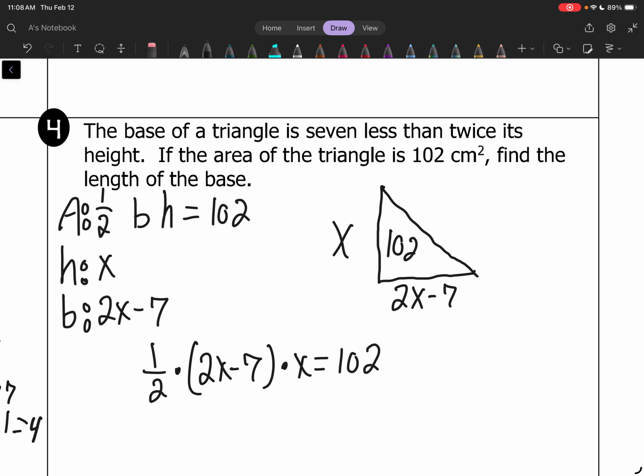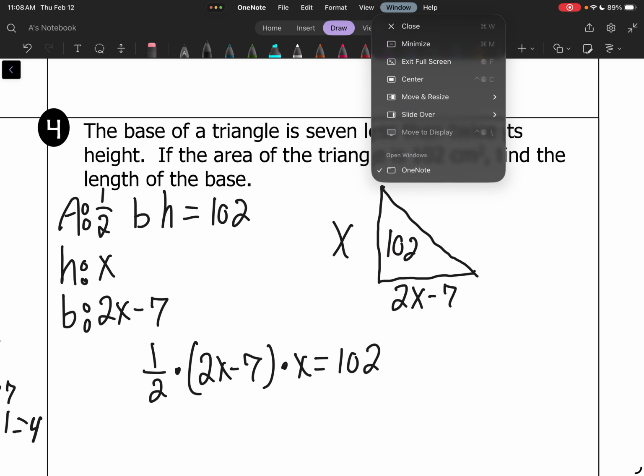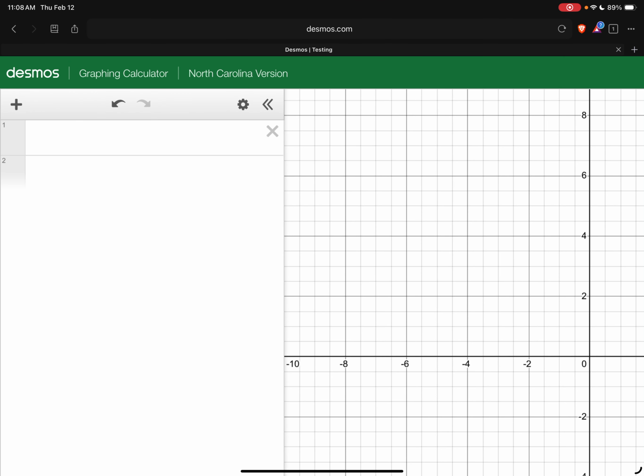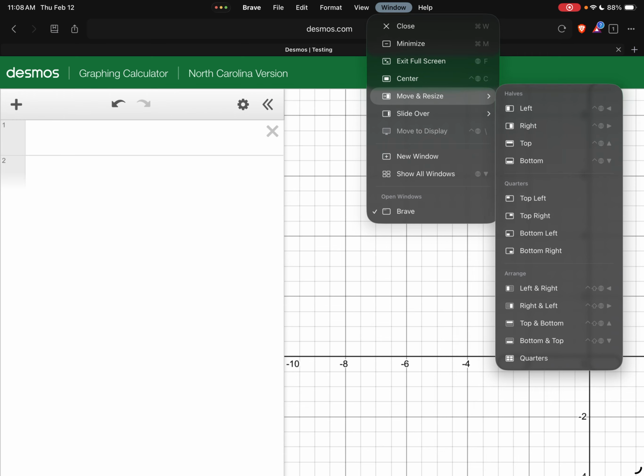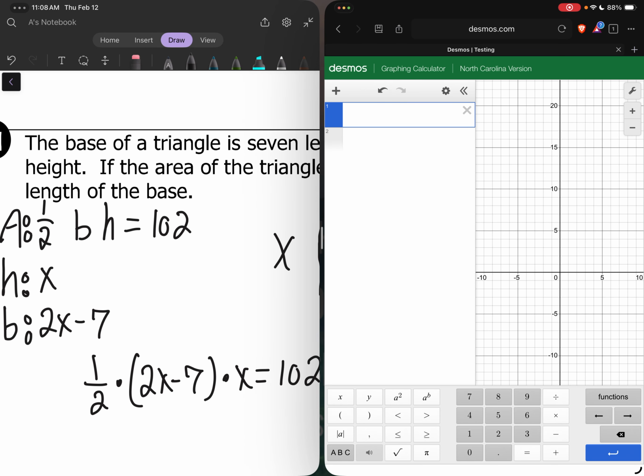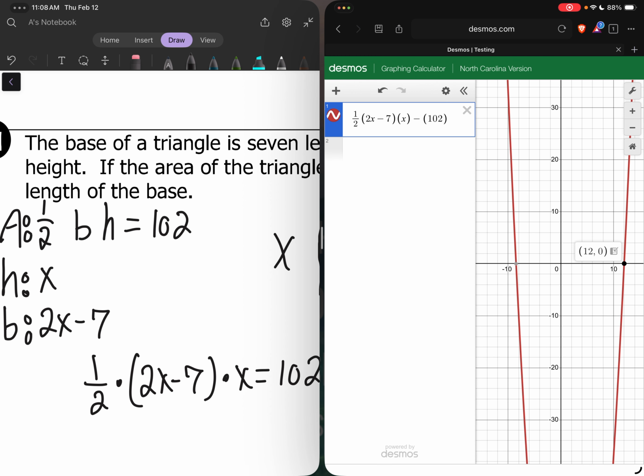From here, I'm going to type this into Desmos. 1/2 times 2x minus 7 times x, instead of equal, minus parenthesis, 102. I have x is equal to negative 8.5 and x is equal to 12.